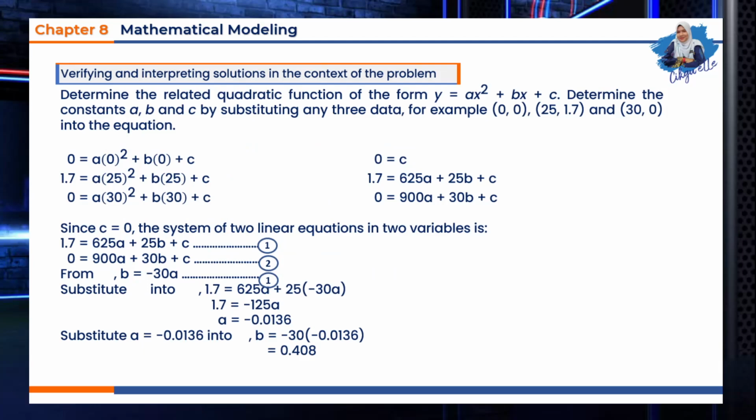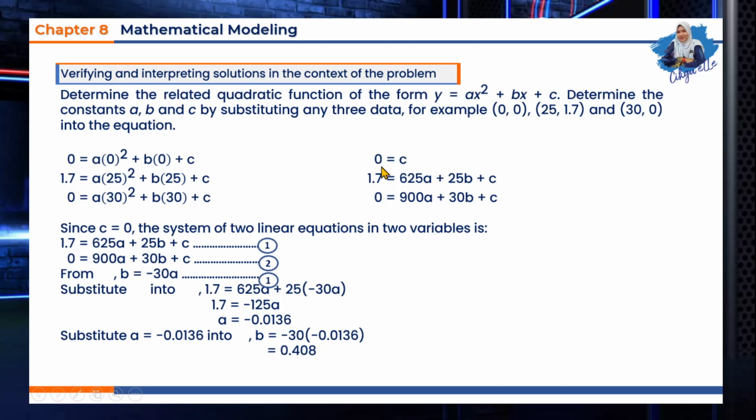Here we just substitute the value: y is 0, a in the bracket 0, this is the value of x, and then b in bracket, put the value of x, plus c. When we solve this equation, we get c equals 0.